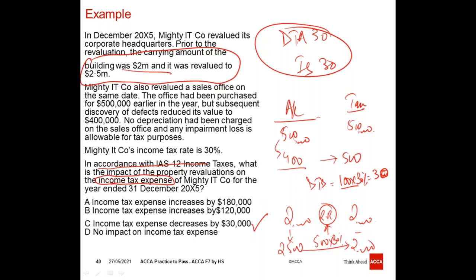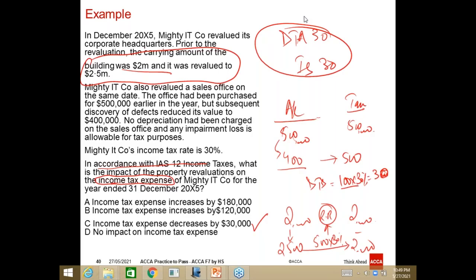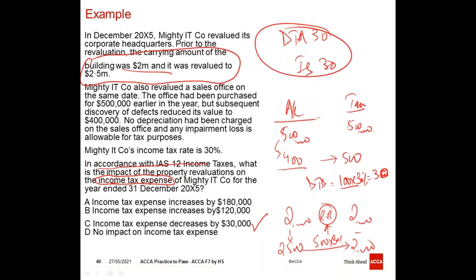Is it done? When we accounted the building here, the building was revalued upward and its revaluation gain will go in the equity. Therefore, its tax impact will also go in the equity. So clearly, the question is asking what amount of the tax will go in the income statement as an expense.